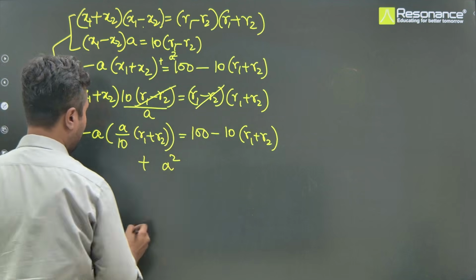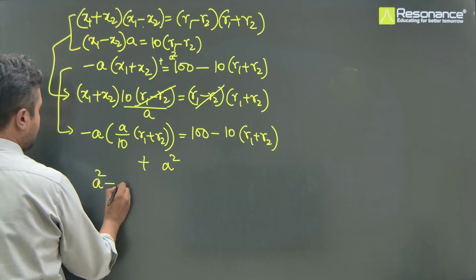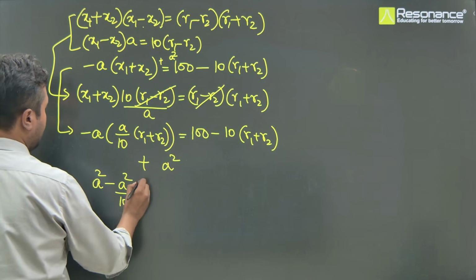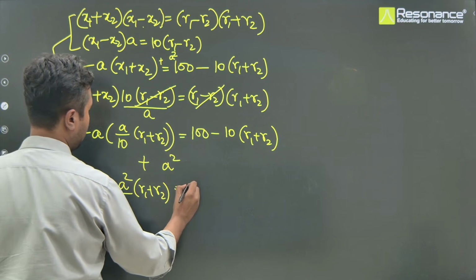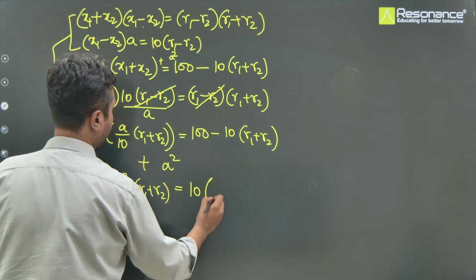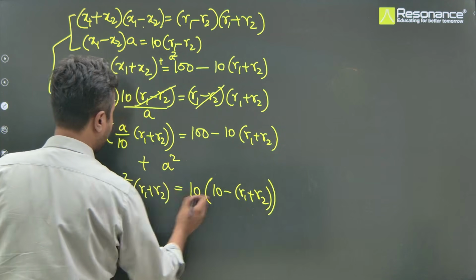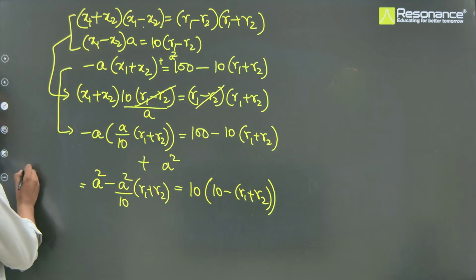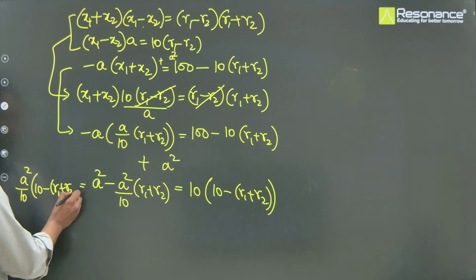Okay, let's see what all of that is. So I have a square minus a square by 10 into (R1 plus R2) is equal to 10 into (10 minus (R1 plus R2)). And over here it is a square by 10 into (10 minus (R1 plus R2)).